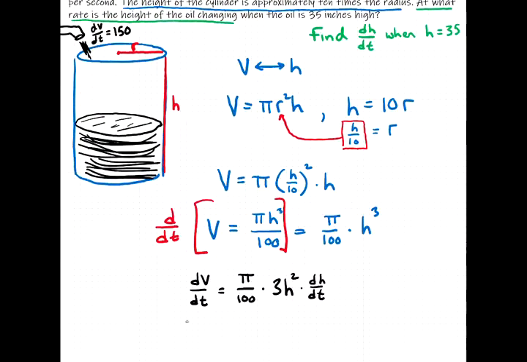So dV/dt is given. That's 150 equals, well, let's say 3 pi over 100 times h squared. Well, at the moment when the oil is 35 inches high, so that would be 35 squared times dh/dt.